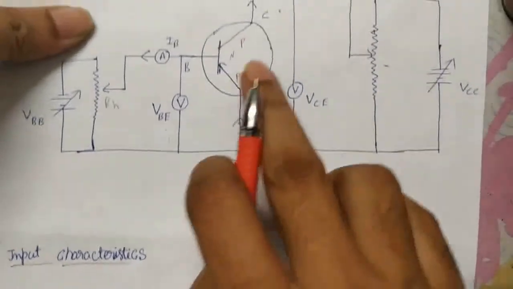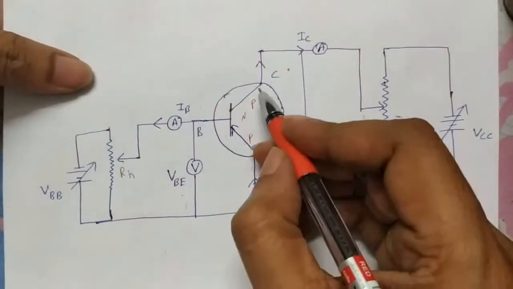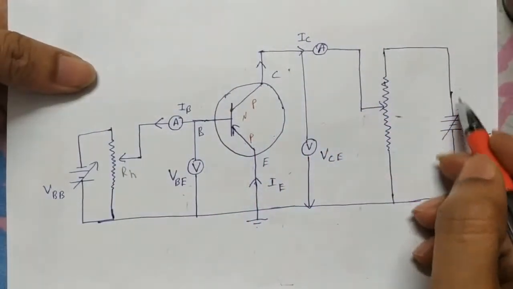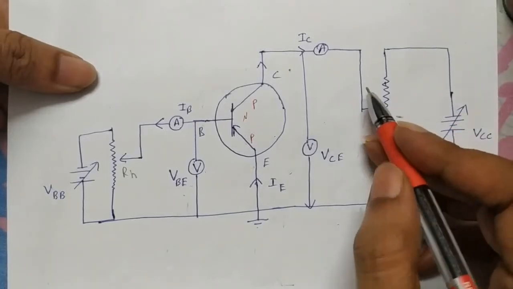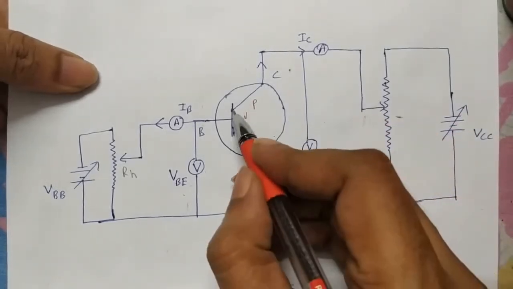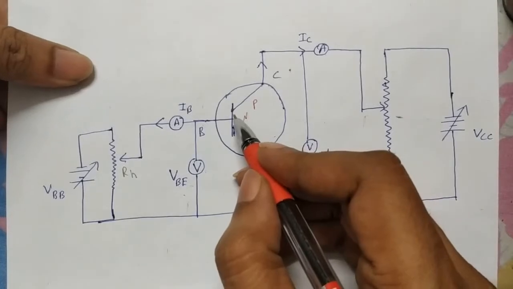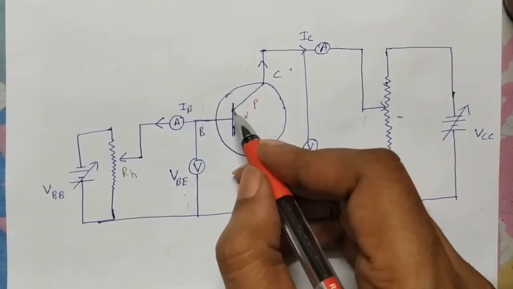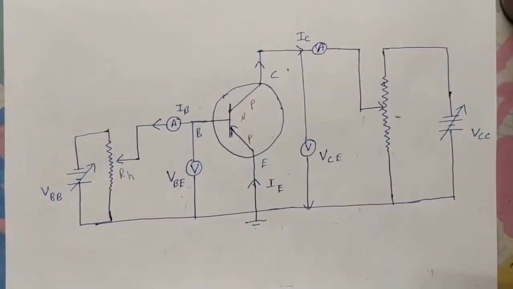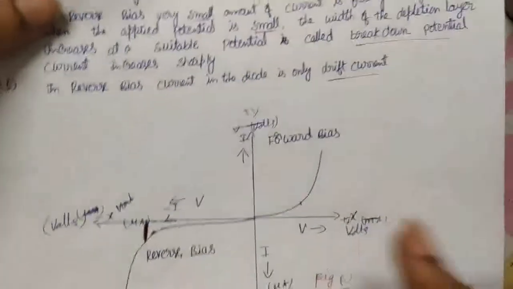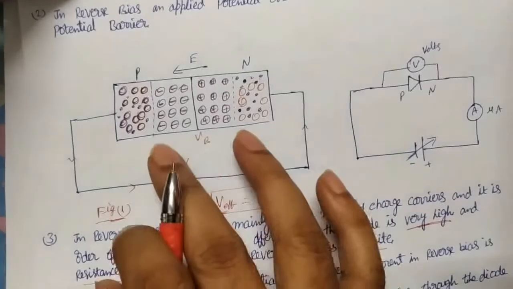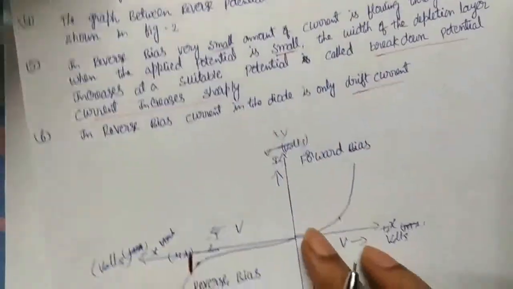Actually this is in reverse bias. You see that here, the P type is connected to negative, so P type connected to negative means this is in reverse bias. In reverse bias, a very small amount of current flows. If a diode is in reverse bias, what happens? The depletion layer width increases. You get a very small current.